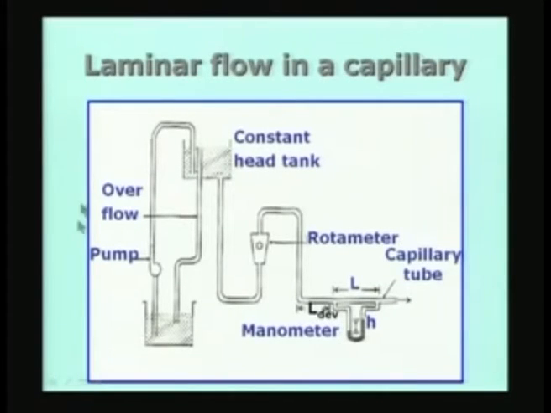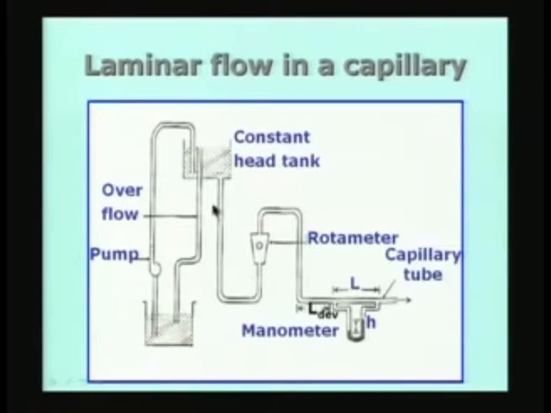To the left of this rotameter, I have shown a constant head arrangement, because the flow will have to be maintained steady through this tube. That means that the pressure at which it is going to enter this length of tube must be constant.